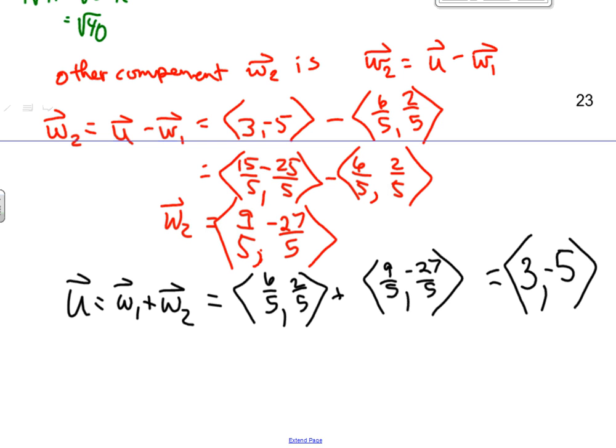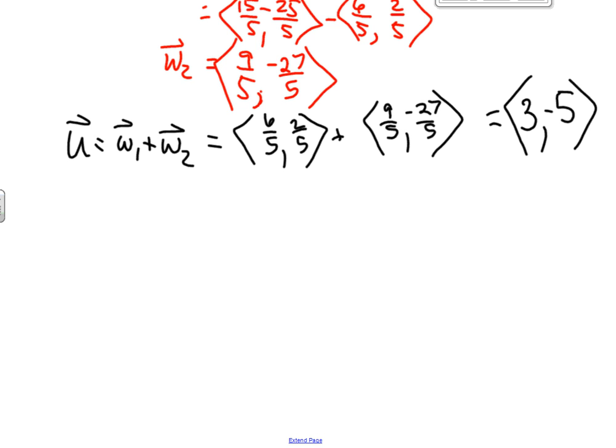And what should be true about W1 and W2? They should have a dot product of 0. So if I find W1 dot W2, I have (6/5, 2/5) dotted with (9/5, -27/5).